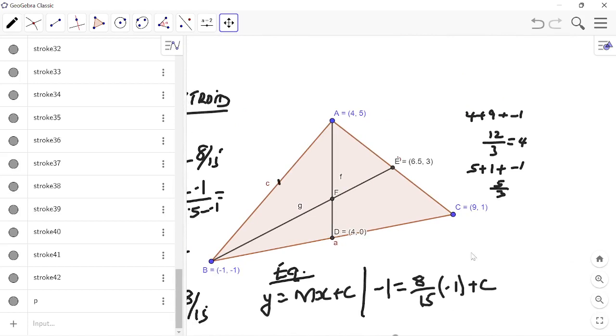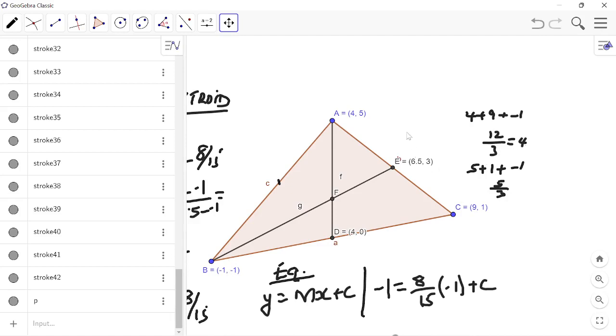For instance, to get the x coordinate, you add 4 plus 9 plus negative 1. Then you divide by 3. If you do this, you will get 4.